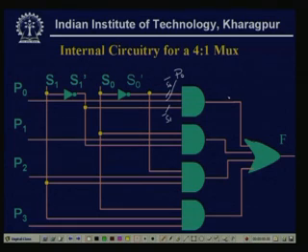So, this is for the case where the first input line is directed to the output. Similarly, it happens for the other 3 AND gates. So, this is a simple circuit which consists of AND gates, an OR gate and some inverters.